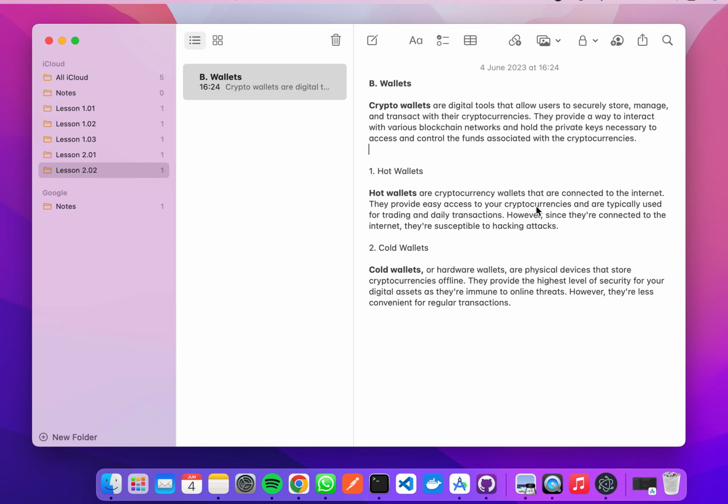They provide a way to interact with various blockchain networks and hold your private and public keys. These are like the username and the password that you require to access and control the funds associated with the cryptocurrencies.